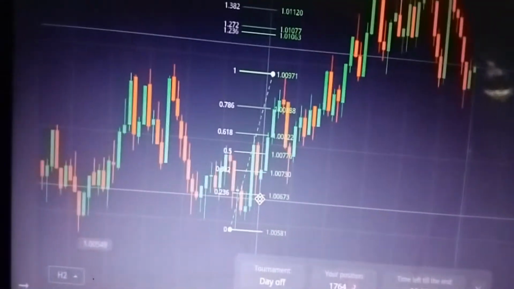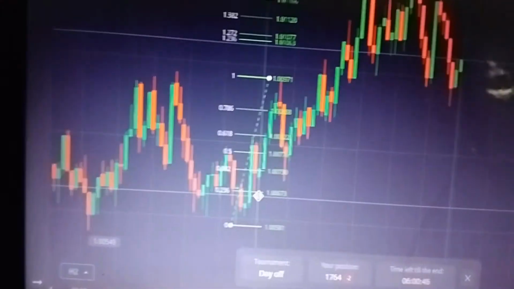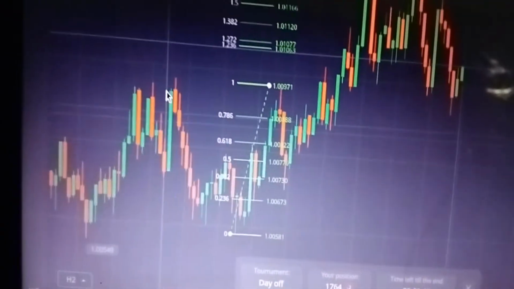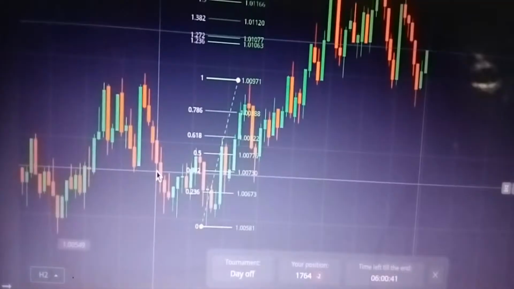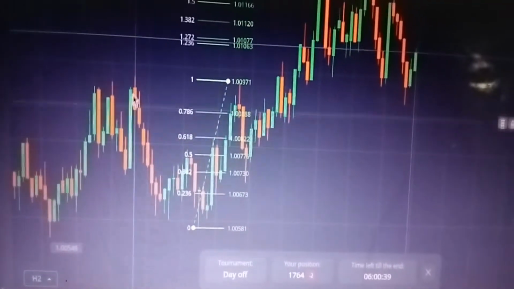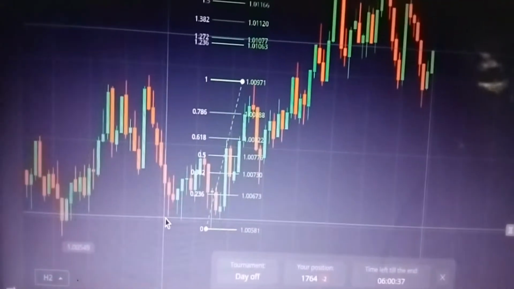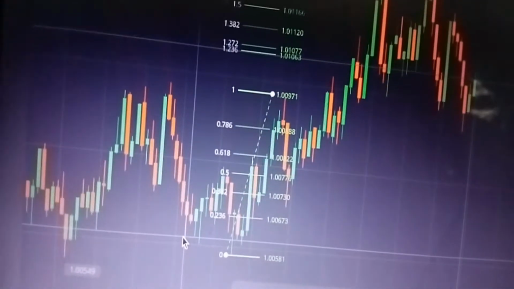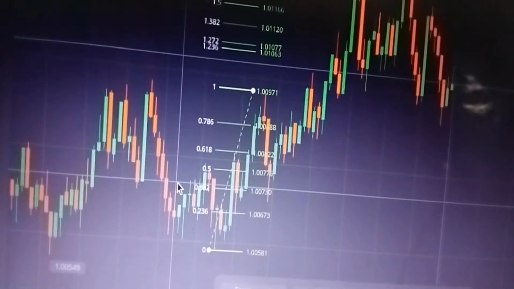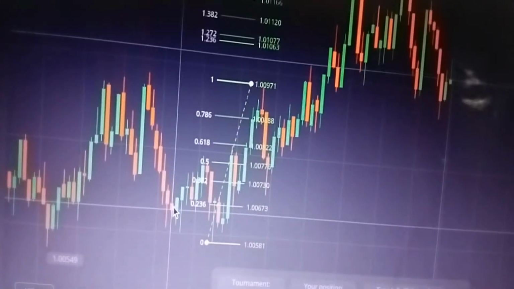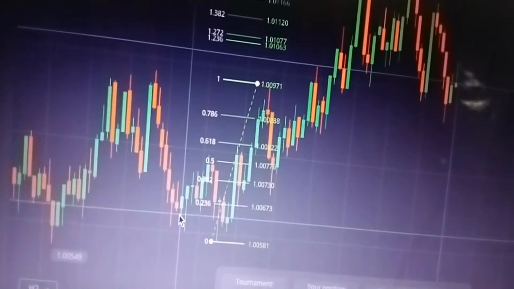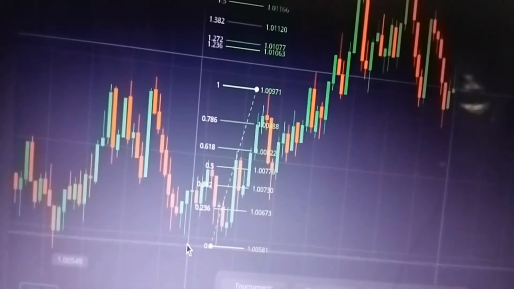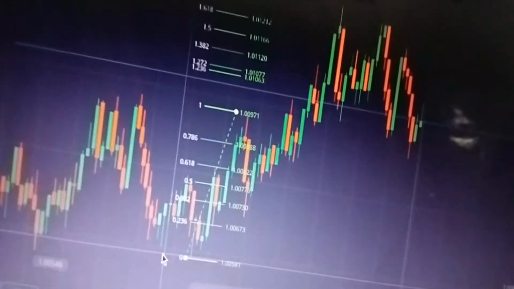So internal structure here. Internal structure, we came down, right? Now it is from up there to down there. Then we made a swing high, right? So market traded down, then boom, we broke this low.